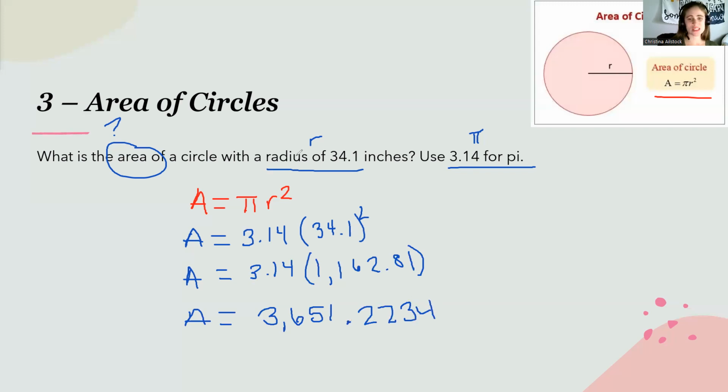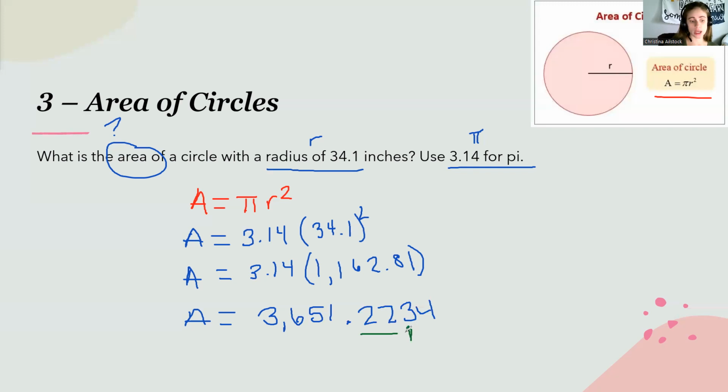Now, these directions didn't tell us to estimate and round our answer. Typically, it'll ask you to round to the nearest hundredth, maybe the nearest tenth. Let's just go ahead and round it to the nearest hundredth. So remember, the nearest hundredth, there's 2 zeros in that, meaning we only need 2 decimal places.